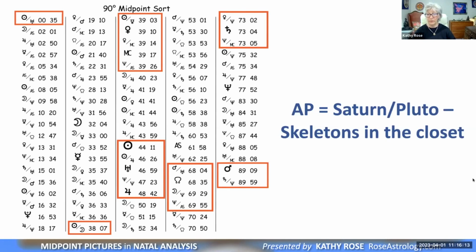AP equals Saturn Pluto. When I asked her, if I said skeletons in the closet, can you relate to that? She turned white as a sheet and she told me the story. So it's a nuance, and it's worth some counseling and therapeutic approach.